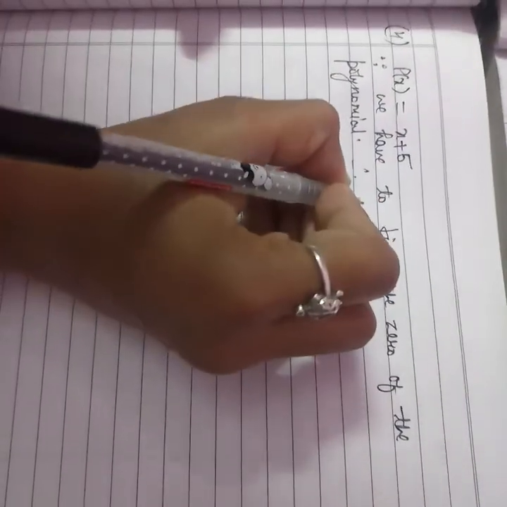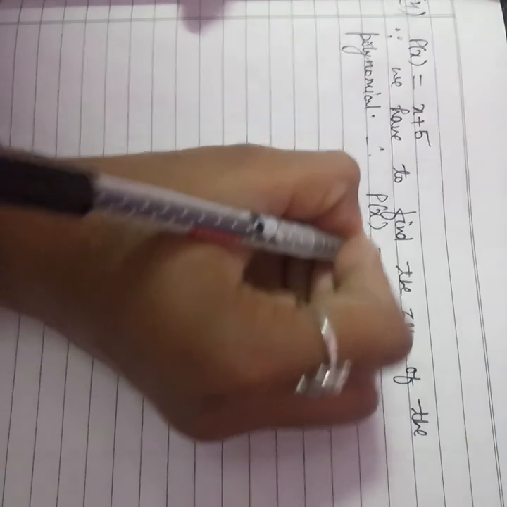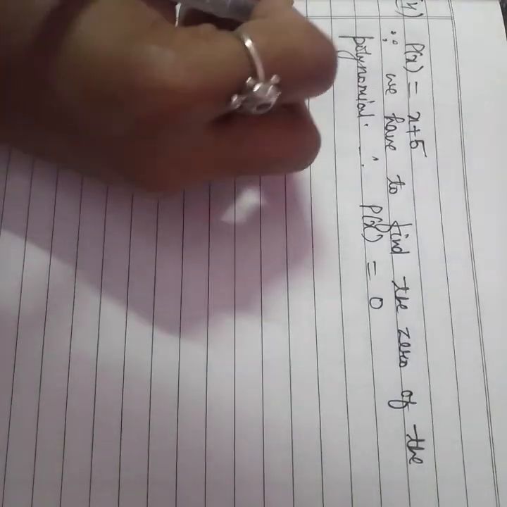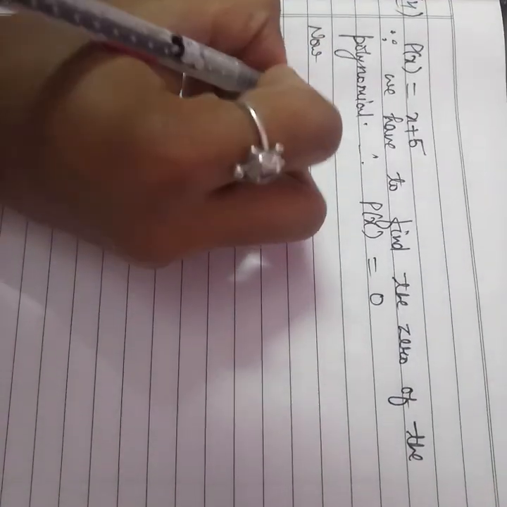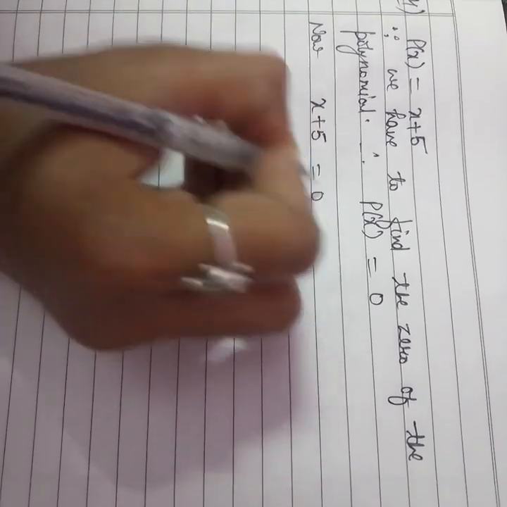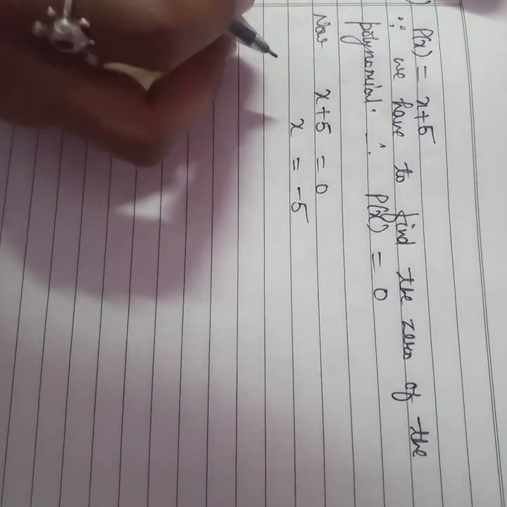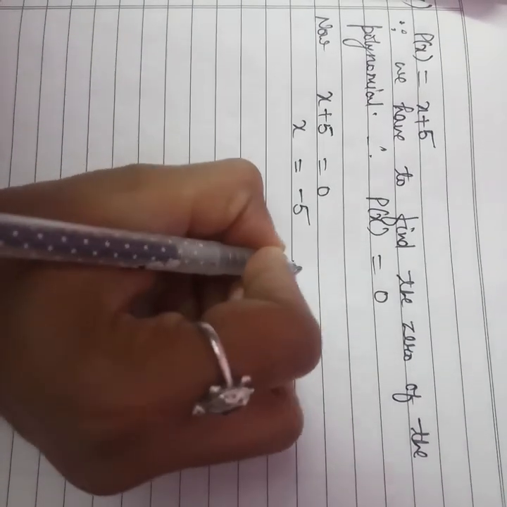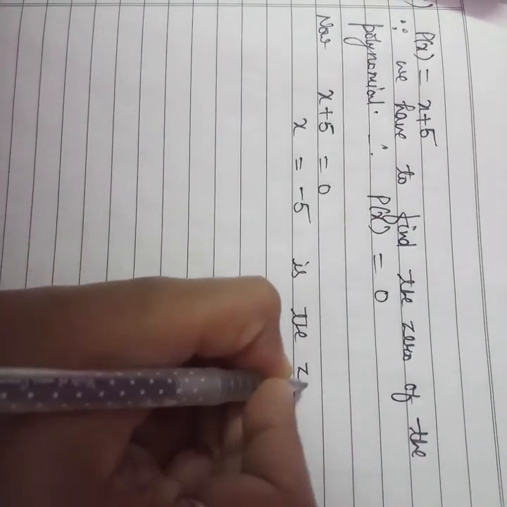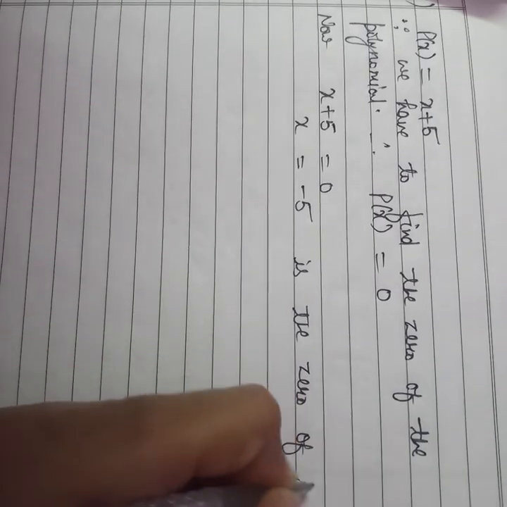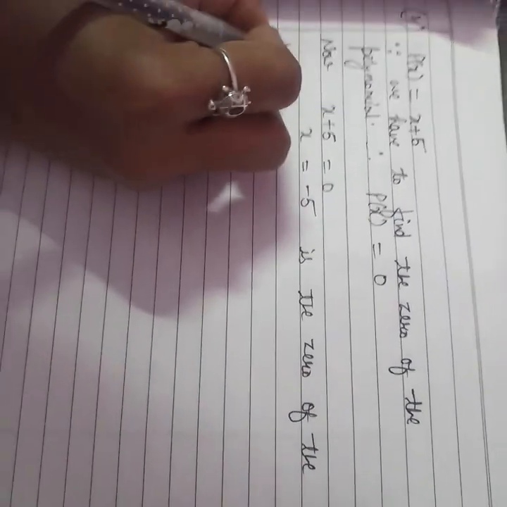Therefore p of x equals 0. Now p of x is x plus 5 equals 0, so x equals 0 minus 5, which equals minus 5. Therefore x equals minus 5 is the zero of the polynomial.